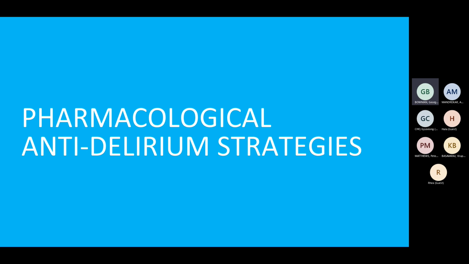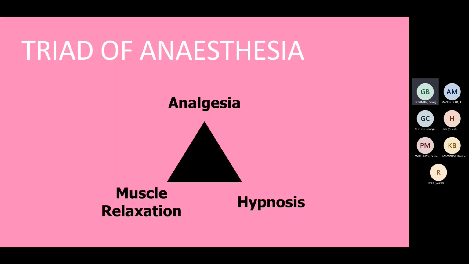Okay, so now we can look at some of the pharmacological anti-delirium strategies. I thought it'd be helpful just to go over the triad of anesthesia first, just to think about what kind of drugs are used in ITU. So the triad of anesthesia is analgesia, hypnosis, and muscle relaxation, the 3 components which make up anesthesia.